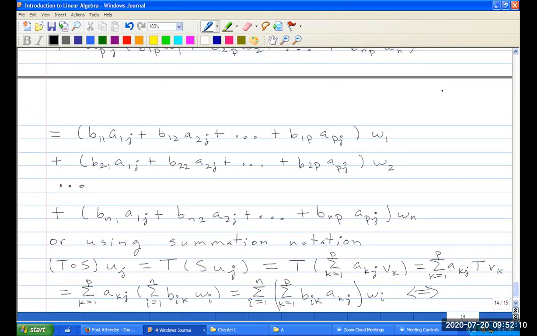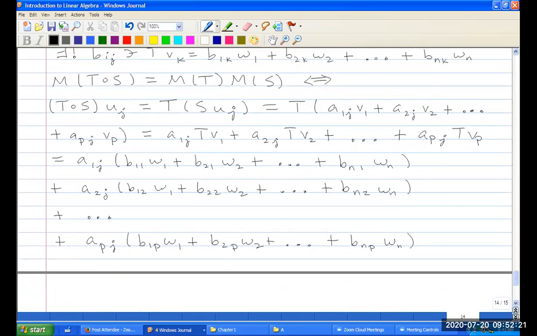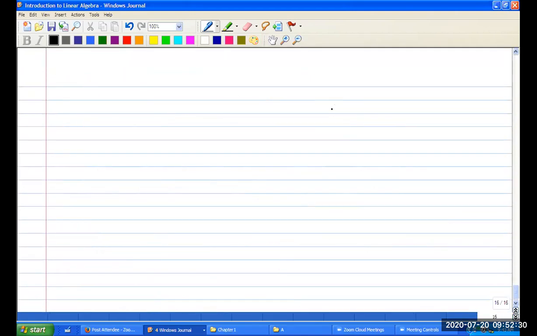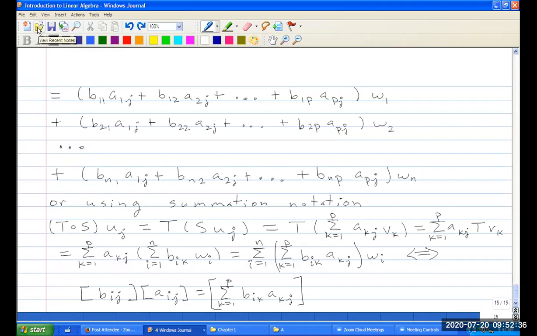So the sum k equaling 1 to P of A kj Vk. That was the first step here. Second step, you just put it inside. By linearity of T, I'll just put this inside, and there it is.